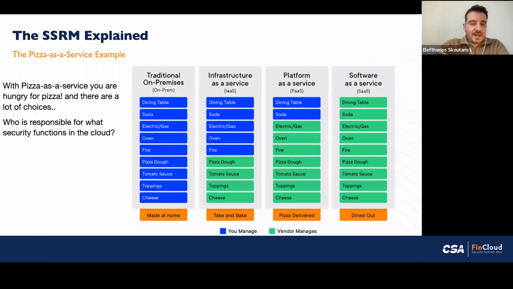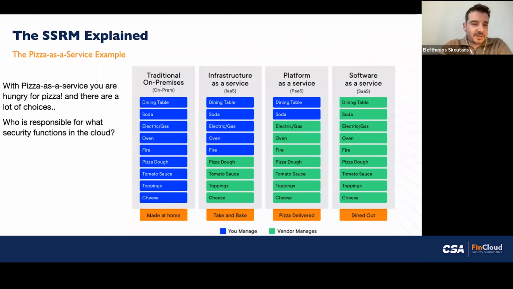So let's have a first introduction into the security responsibility model and use a simple example to understand it better. If you have been operating in the cloud, you might be thinking where the service provider responsibility ends and where the cloud service customer responsibility begins, right?